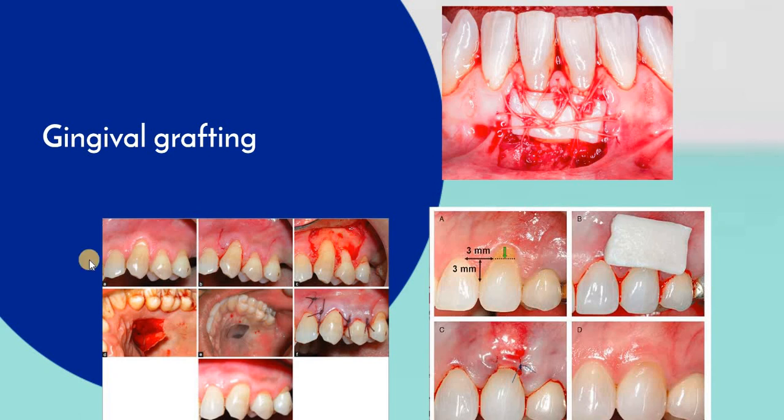And this is the subepithelial connective tissue graft. This is the free gingival graft, and we have a synthetic one, which is called AlloDerm or acellular matrix connective tissue graft. When we just have a lack of connective tissue, we can use these ready-made grafts and graft them to the site and leave it to heal.